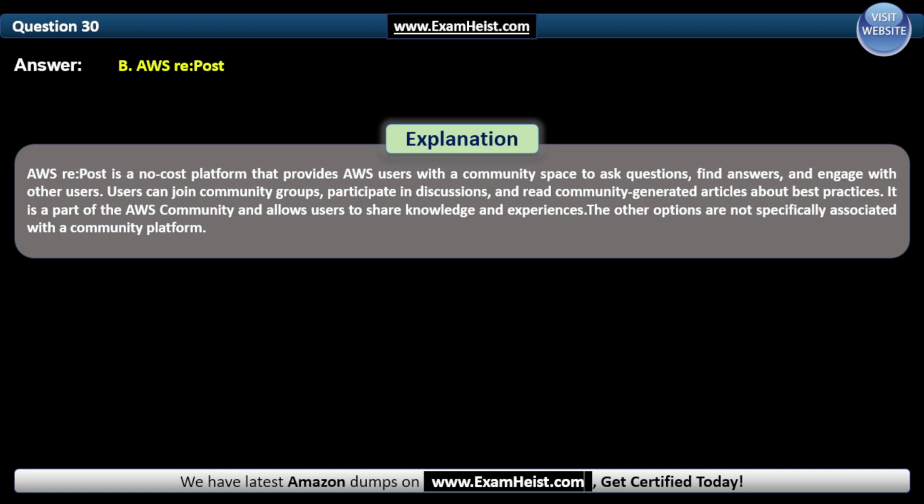Users can join community groups, participate in discussions, and read community generated articles about best practices. It is a part of the AWS community and allows users to share knowledge and experiences. The other options are not specially associated with a community platform.